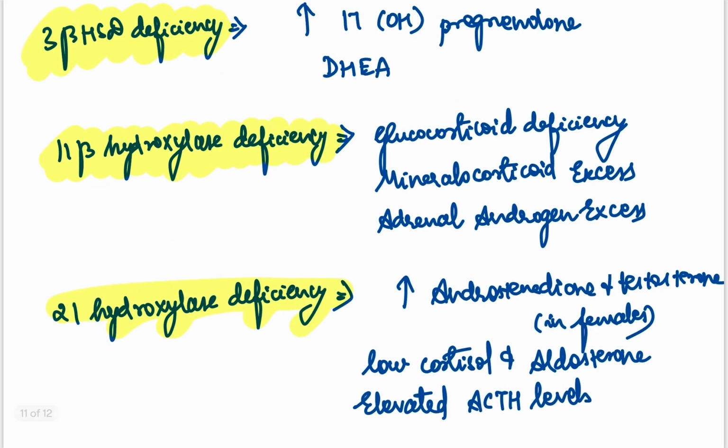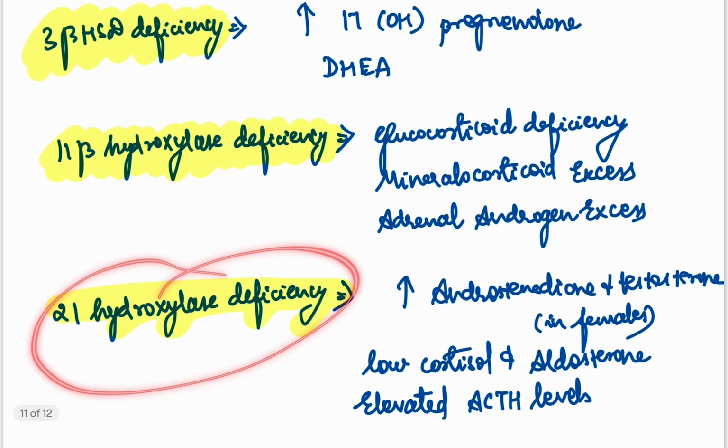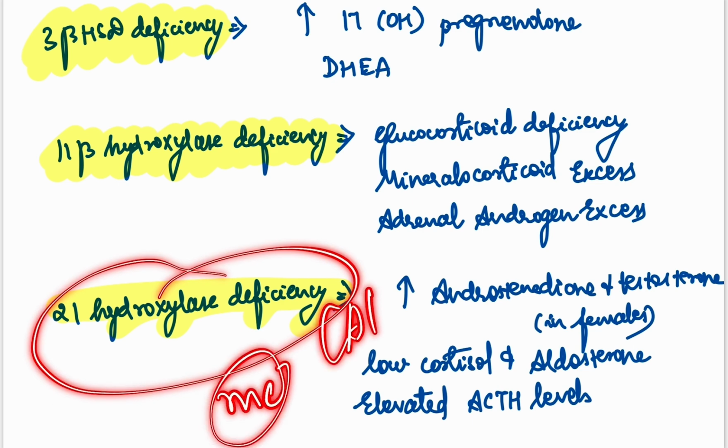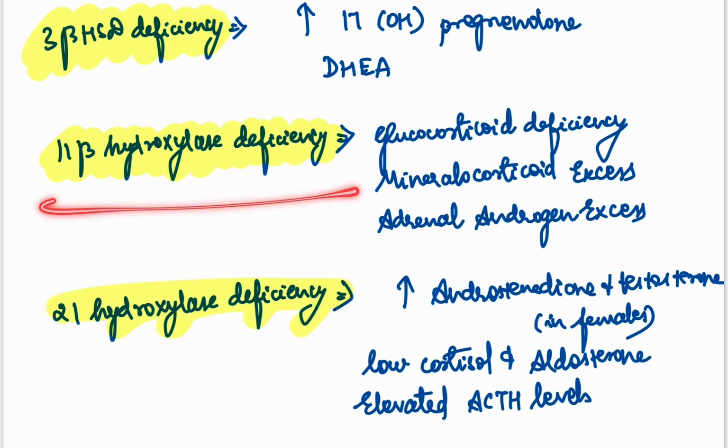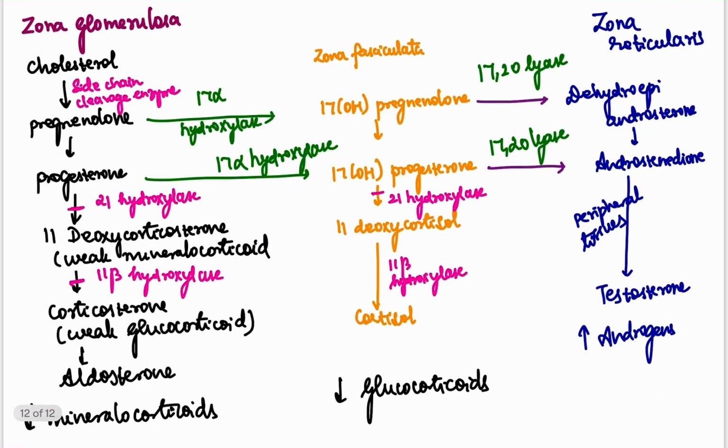Let's look at the second enzyme. As I told you, 21 hydroxylase deficiency is the most common congenital adrenal hyperplasia. The next is 11 beta hydroxylase deficiency. In 11 beta hydroxylase deficiency, 11 deoxycorticosterone cannot be converted into corticosterone, so there are elevated 11 deoxycorticosterone levels, and again aldosterone cannot be produced, so there is decreased aldosterone.